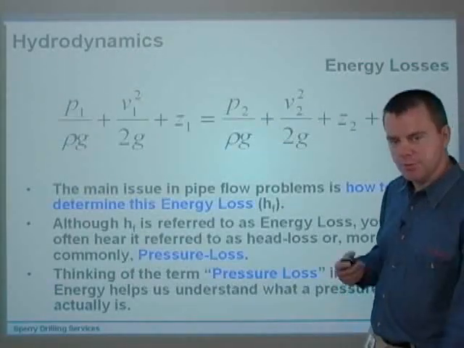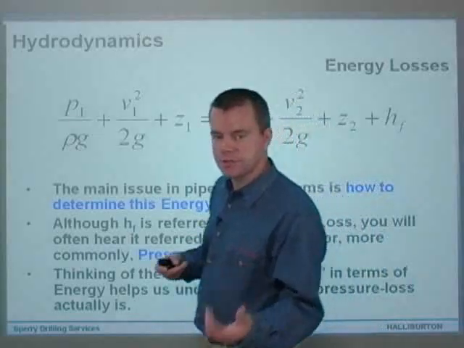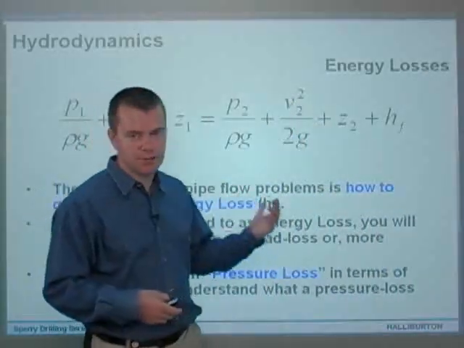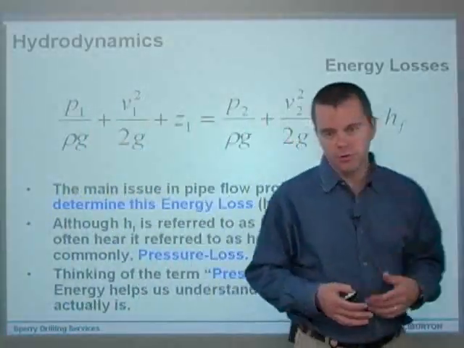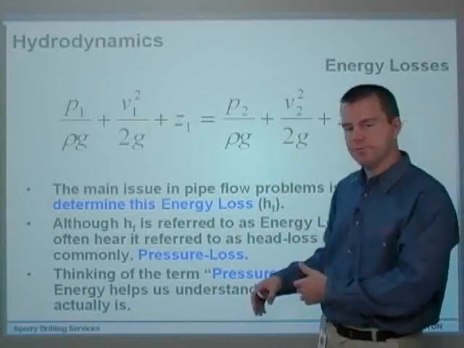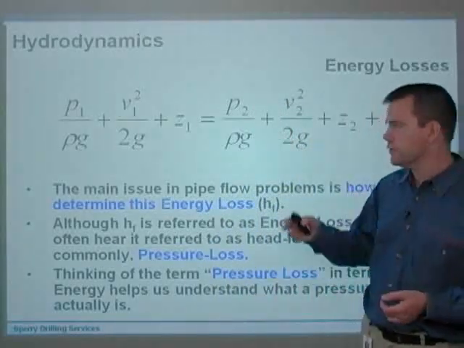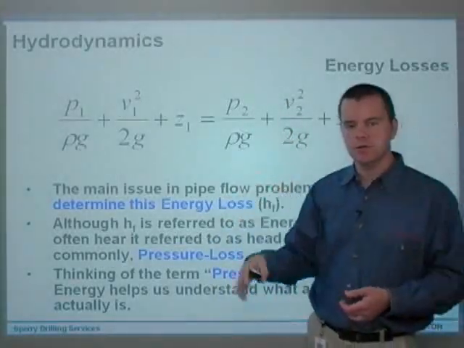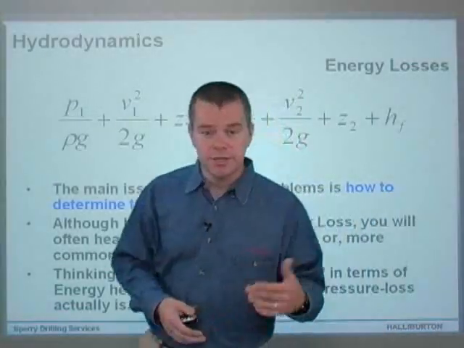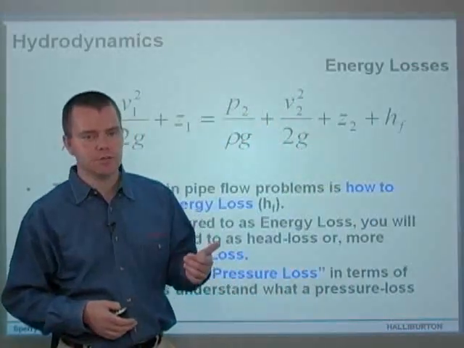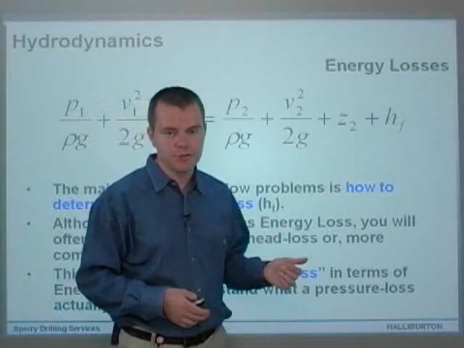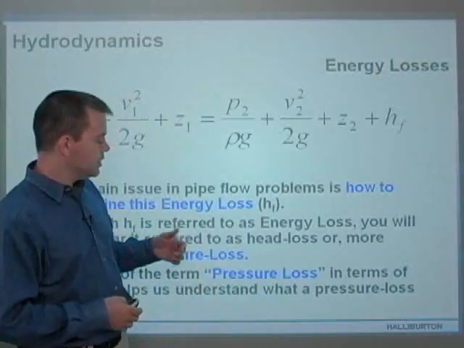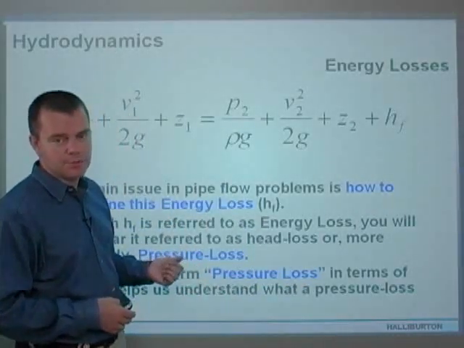So the main issue in pipe flow problems is how to determine the energy loss, which is HF. And although HF, or H sub F, is referred to as energy loss in this equation, you'll often hear it referred to as head loss, or far more commonly in our industry, you'll hear it referred to as pressure loss.